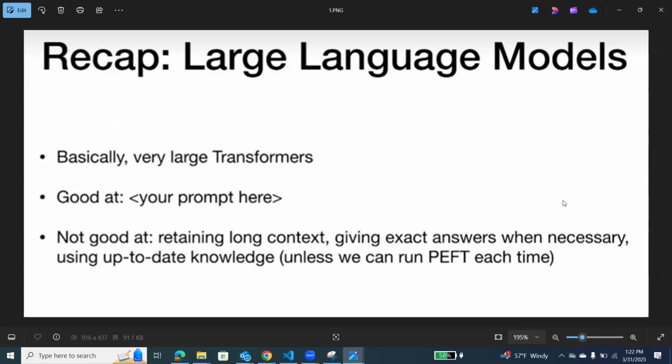What are they good at? Why do we use them every day? Summarize things, generate new content. Maybe to understand the context, a large context.